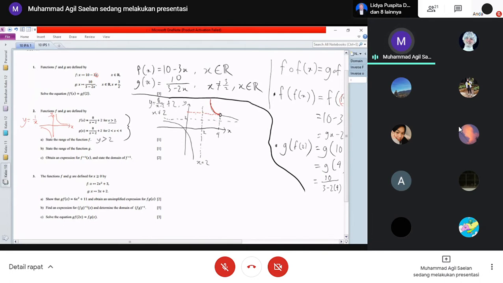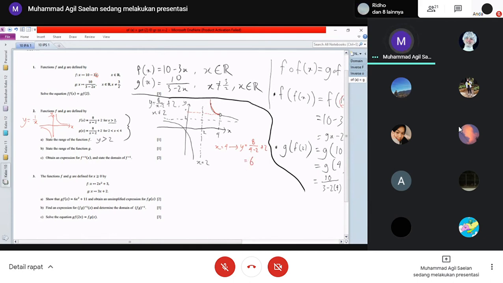It's when x equals 4, y equals 8 divided by 4 minus 2, and then plus 2, so we have 4 plus 2, so 6.